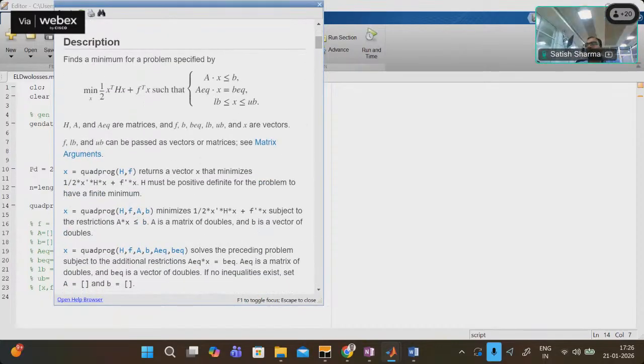This is the standard problem where AEQ and BEQ are defined like this. So for economic load dispatch problem, what will be the value of AEQ and what will be the value of BEQ? Gaurav, please unmute Gaurav. I think he has to say something.